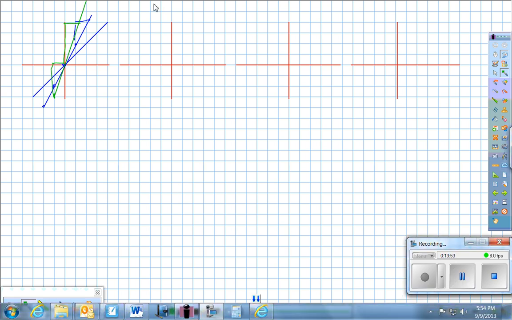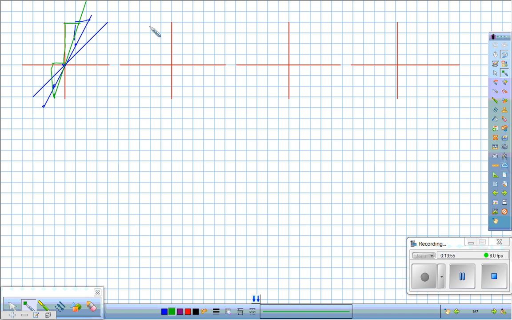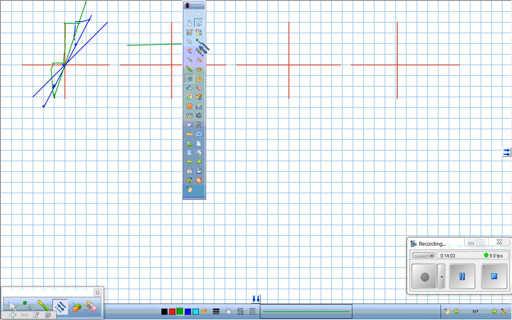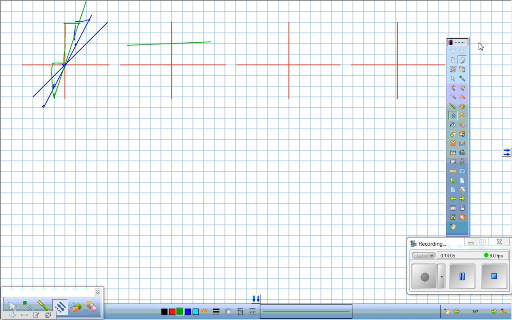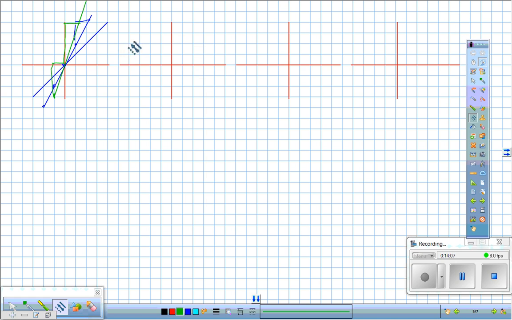Okay, and then the book talks about the difference between a horizontal line and a vertical line. When you have a horizontal line, I hate this thing moving with me. If I have 2 points on it, we will just say this is 1, 2, and this is 3, 2.